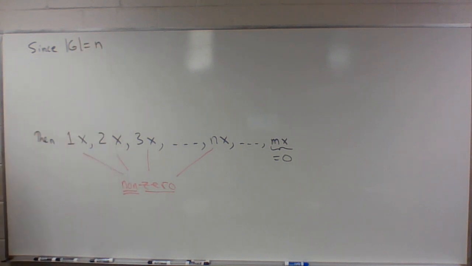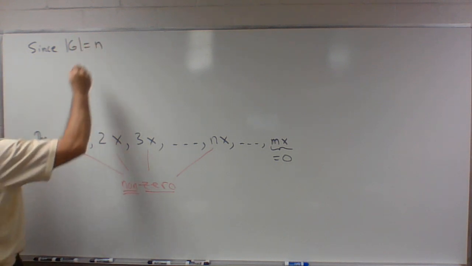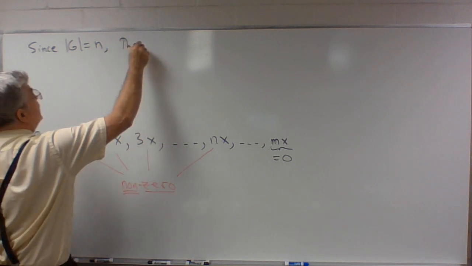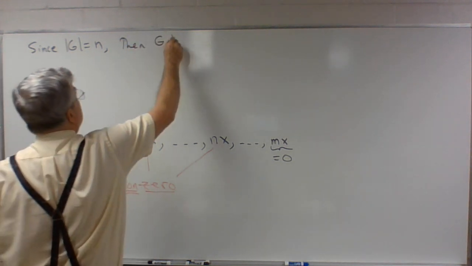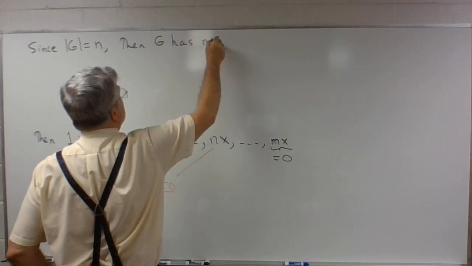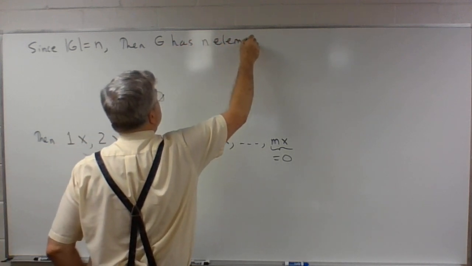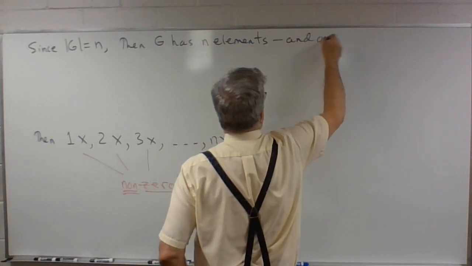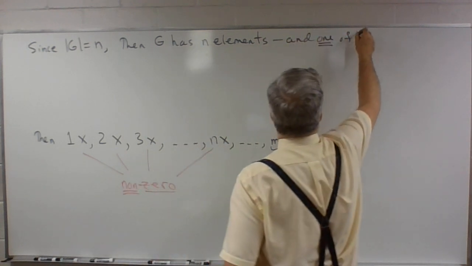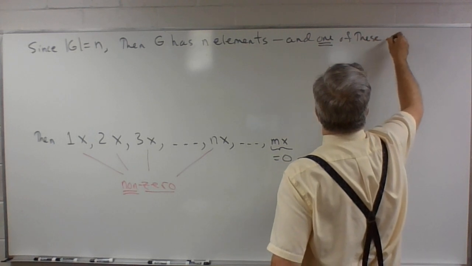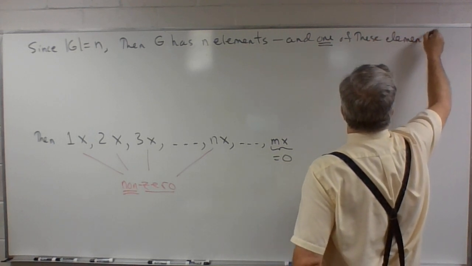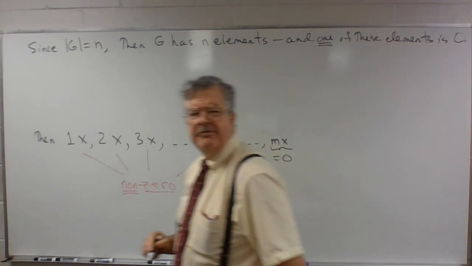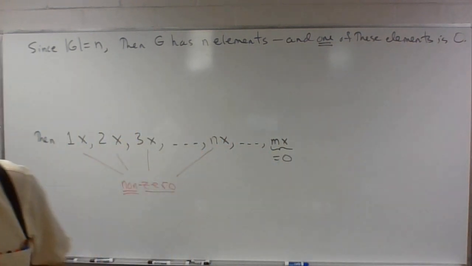The order of G is n. Then G has n elements. And one of those elements is 0, the identity.